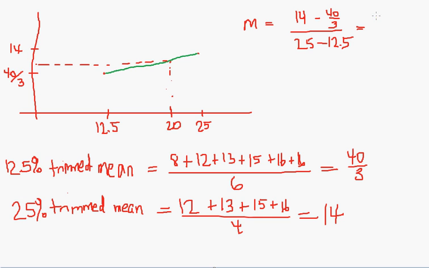Doing the arithmetic, the slope works out to be 4/75. Using the point slope form of a line, y minus y1, and let me use the 14 number here, it doesn't really matter which one I use: y minus 14 is equal to 4/75 times x minus x1, and I'll use the 25 number.